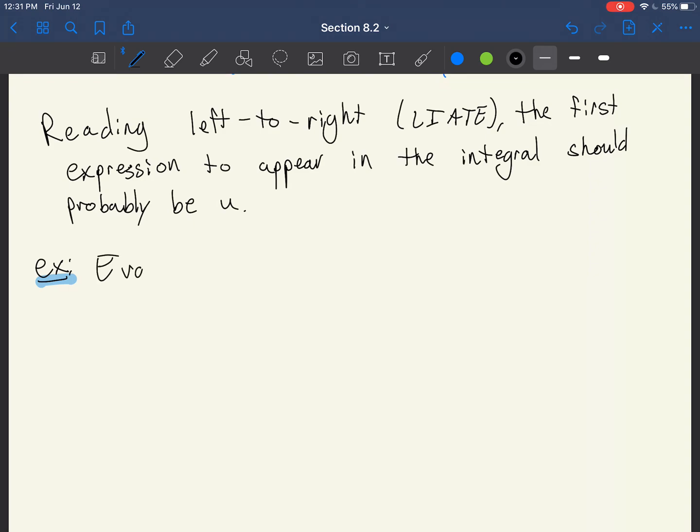So, example: we will evaluate the integral of natural log of x dx. Looking at this, we don't know the integral of natural log of x. So we have to do a u substitution or integration by parts.